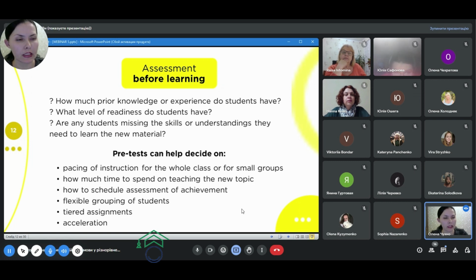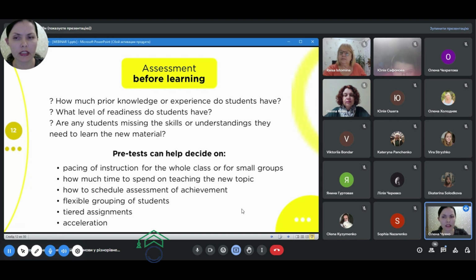Usually, diagnostic tests are much more complicated than formative and summative assessment because their aim is to identify the gaps in knowledge. But still, they can help you decide on the pacing of your instruction, maybe for the whole class or maybe for small groups of learners.